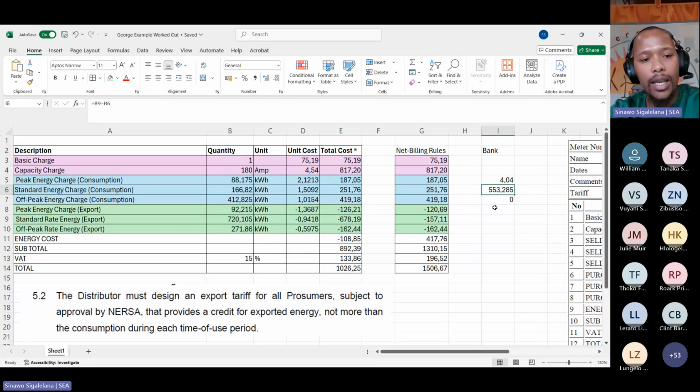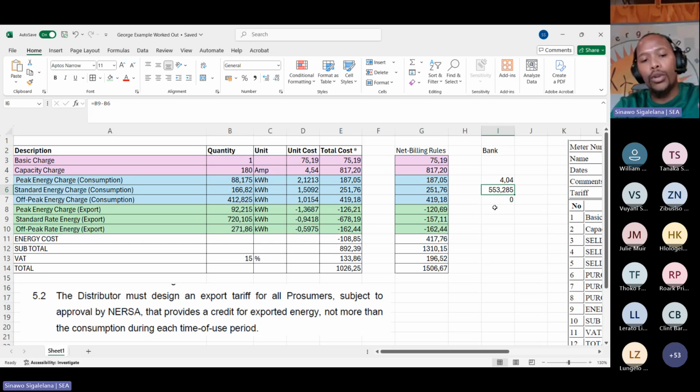It doesn't say. But of course, it's not in the rules, but in my mind it makes sense that if you have banked at a certain time of use, even in the following month, you allocate that banking to that time of use.